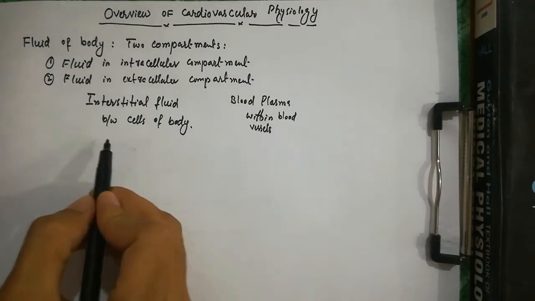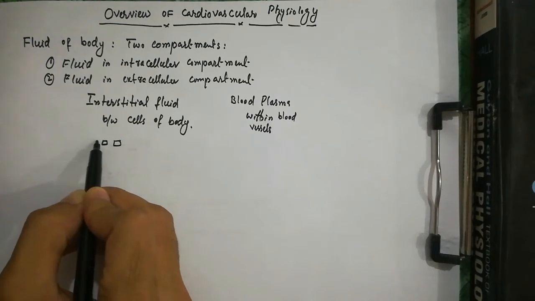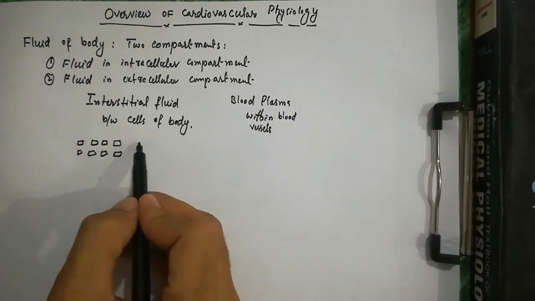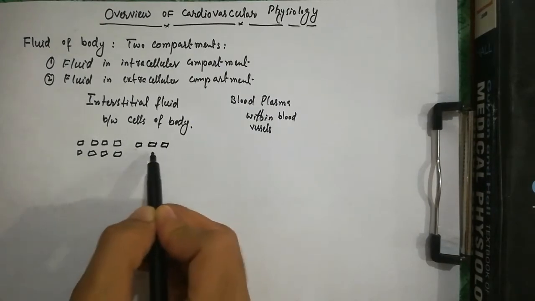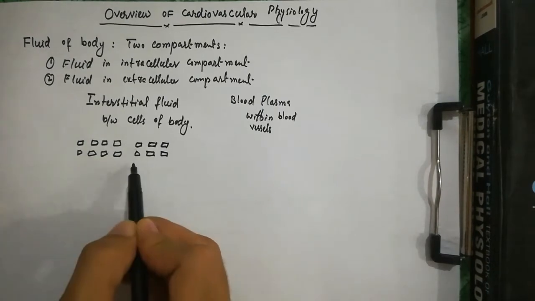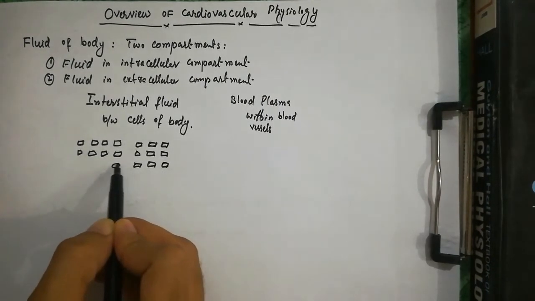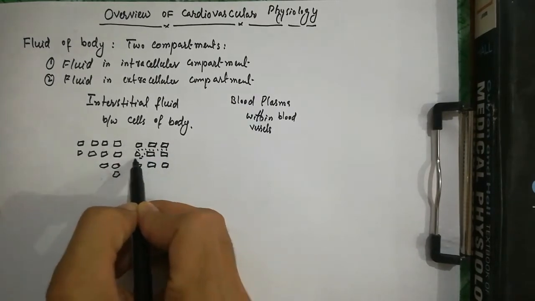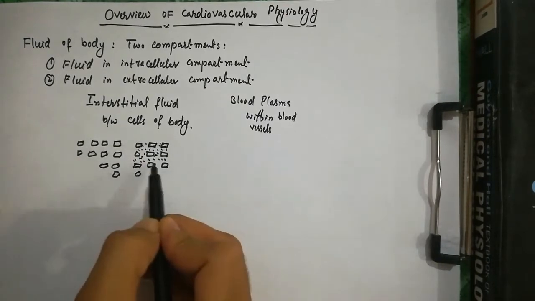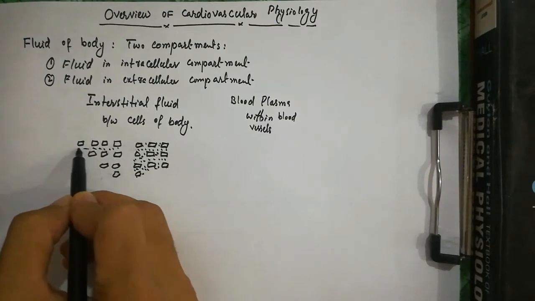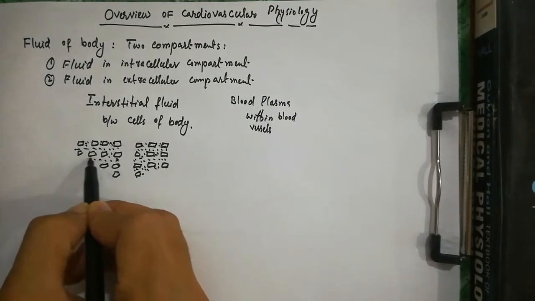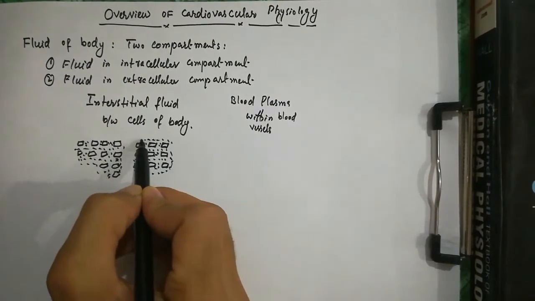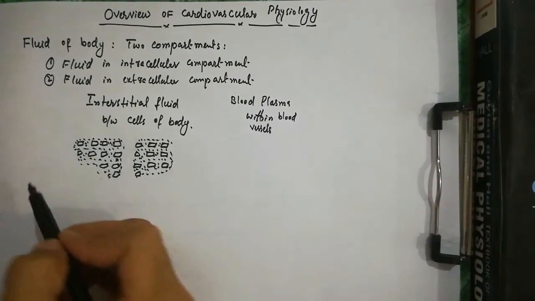Now see, suppose these are cells of our body, and this is interstitial fluid, which is present around the cells, between the cells.